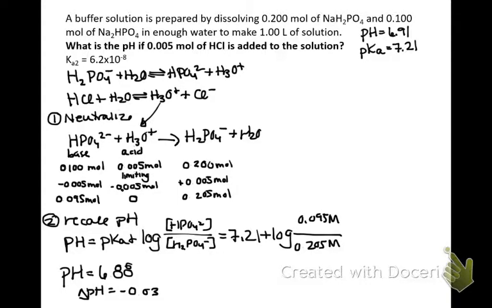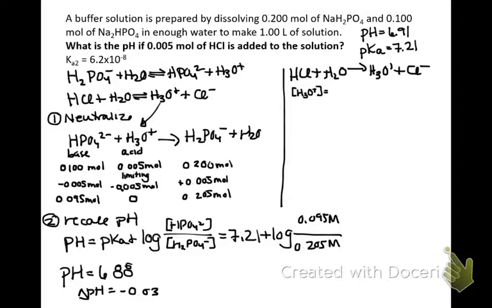Let's consider what would happen instead if we just added that 0.005 moles of HCl to neutral water. In that case, we would once again have that the HCl plus water dissociates completely into H3O plus and Cl minus. If there wasn't any buffer, then the concentration of H3O plus would be 0.005 moles in 1 liter.